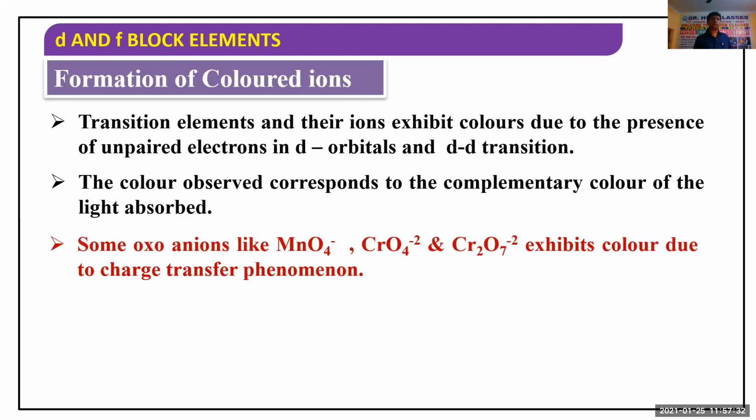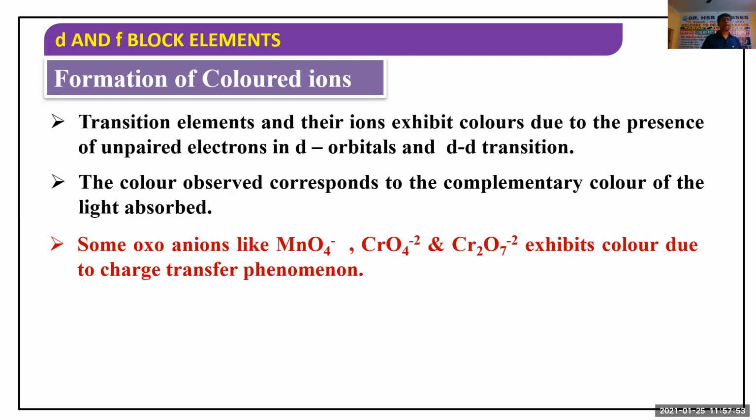So the transition elements and their ions exhibit color due to the presence of unpaired electrons in d orbitals and d-d transition. The color observed corresponds to the complementary color of the light absorbed.